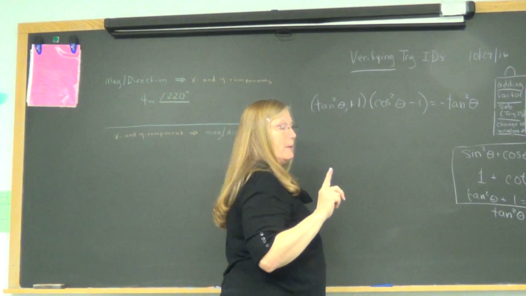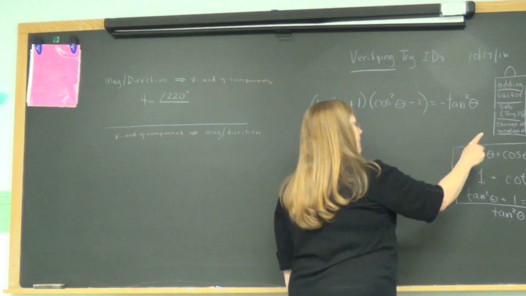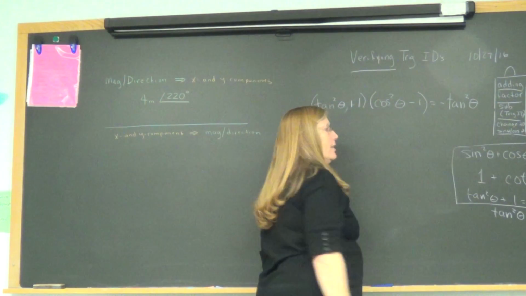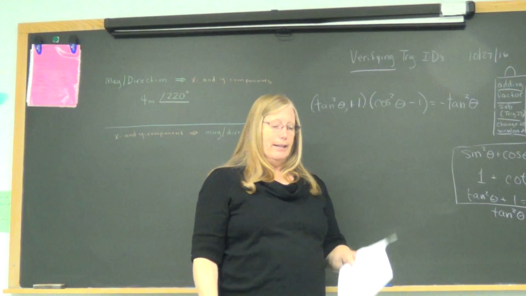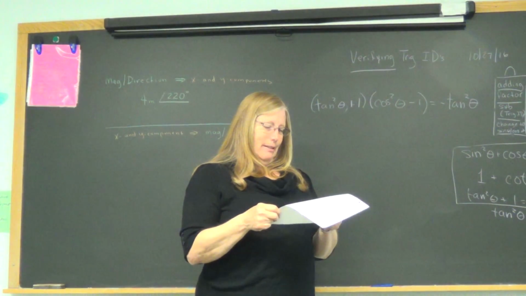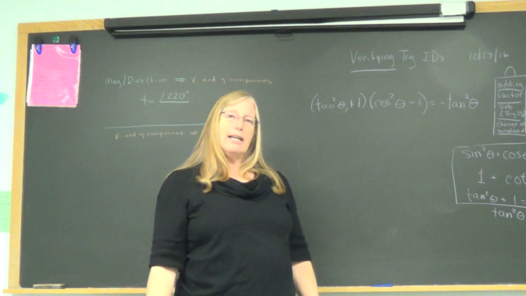Then, I wouldn't be surprised if you would have to take that result and change everything to sine and cosine and see what comes out in the end. Alright, so that's your challenge.